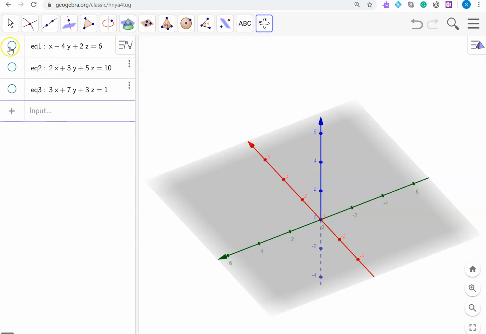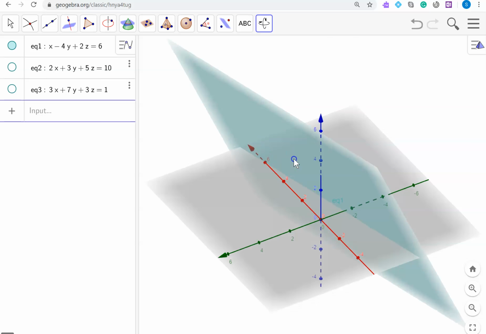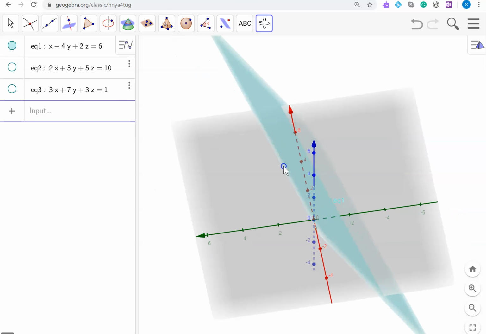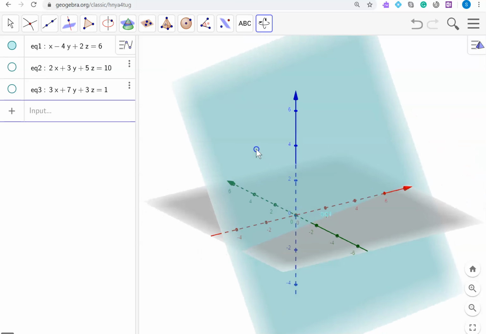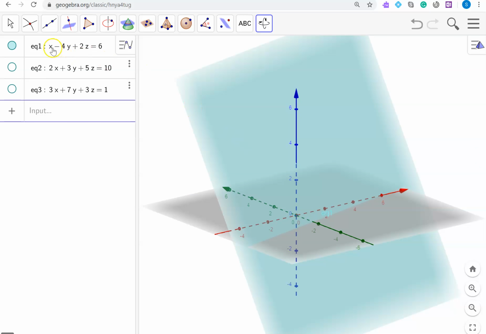So here's the first plane. There's the plane of x minus 4y plus 2z equals 6. Any point that lies on that plane will satisfy that requirement, that x minus 4y plus 2z is going to come up with 6.